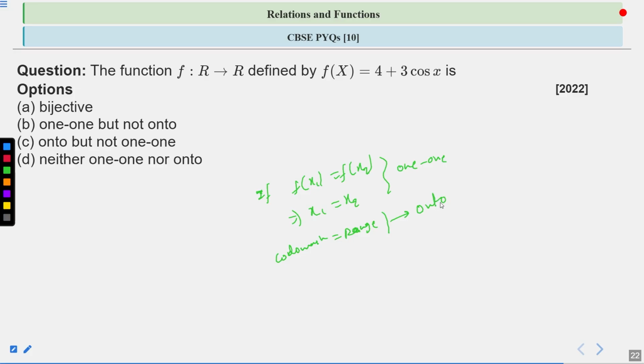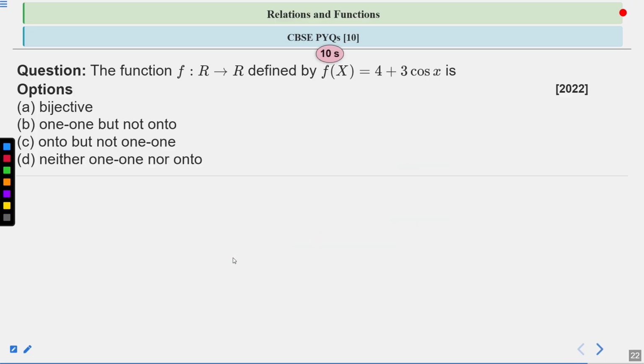Clear? For bijectivity, both the conditions must be satisfied. So you have 10 seconds to solve or think about this question. After that, we will discuss the solution part.